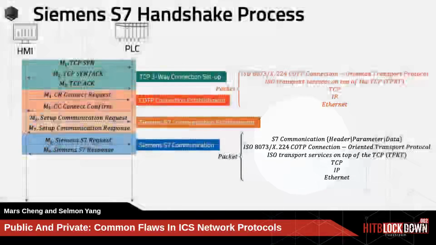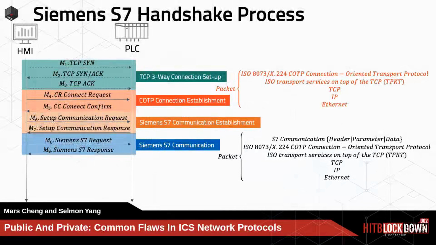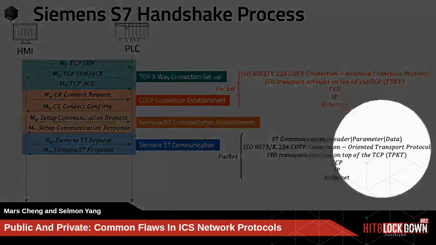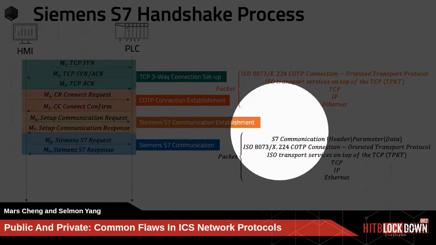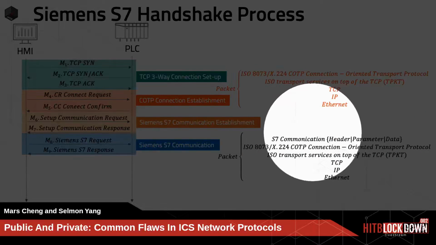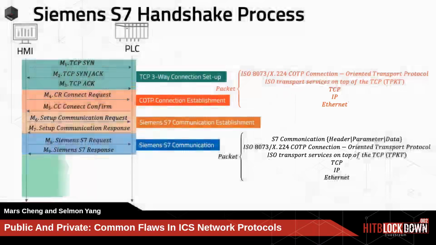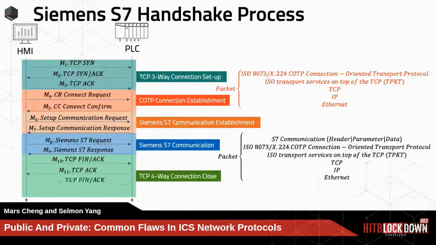So before we send a real Siemens S7 packet to attack, we need to fake a TPKT header, COTP, and S7 communication protocol header. And then in S7, they will do the TCP four-way connection close.